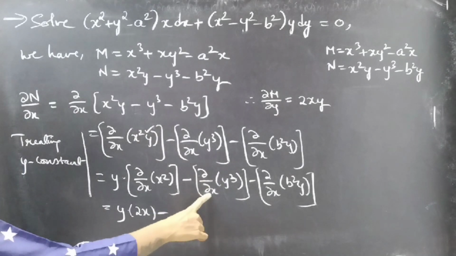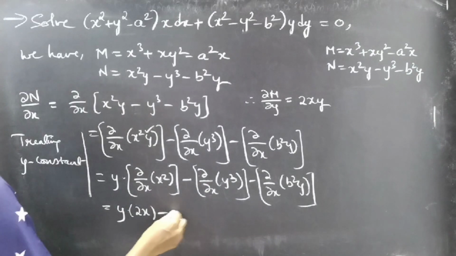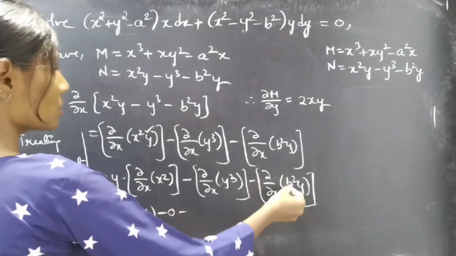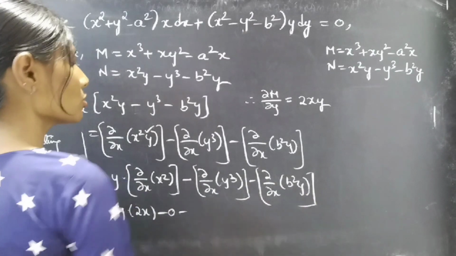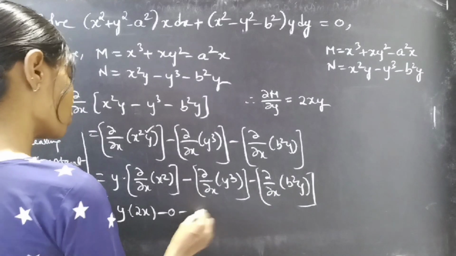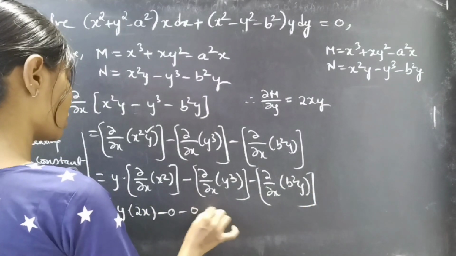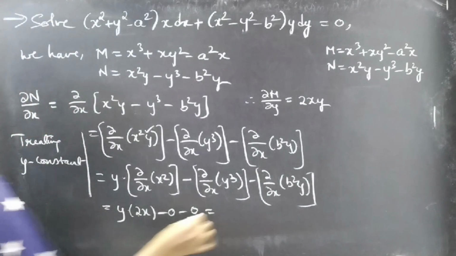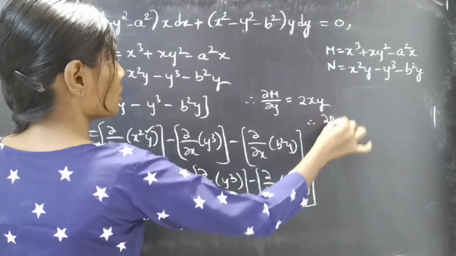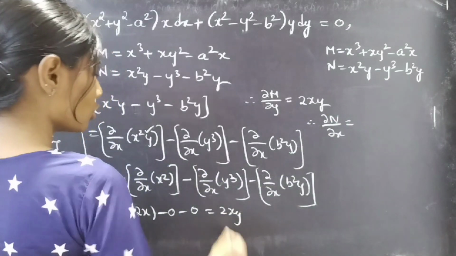Since it is a partial derivative with respect to x, y is treated as constant, so y³ is constant here. So the derivative of a constant with respect to x is 0, minus, here b² is constant and y is also constant because it is a partial derivative with respect to x. So the partial derivative of a constant with respect to x is 0. This equals 2xy. Therefore, the partial derivative of N with respect to x is 2xy.